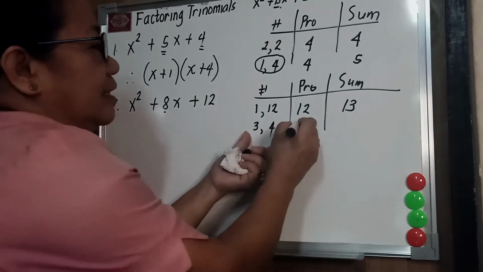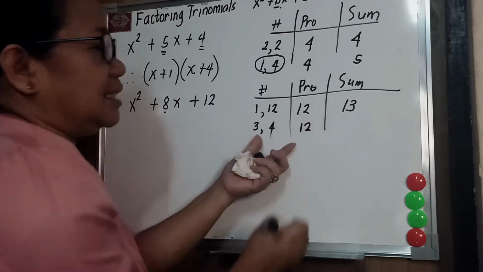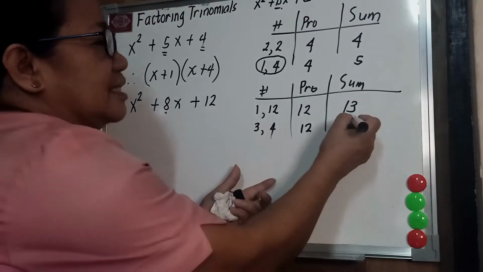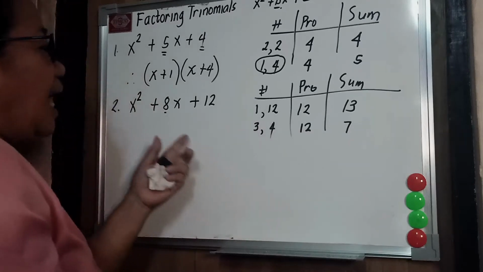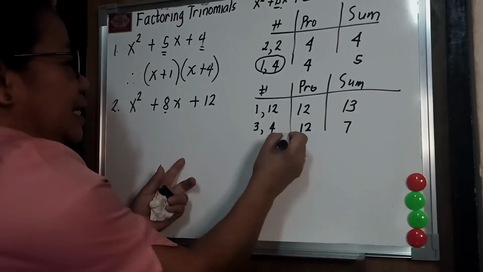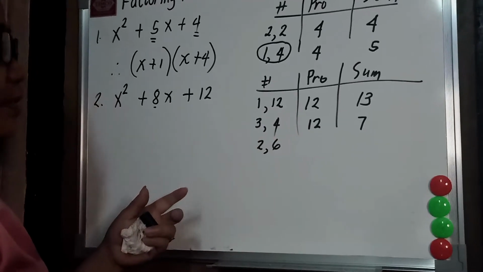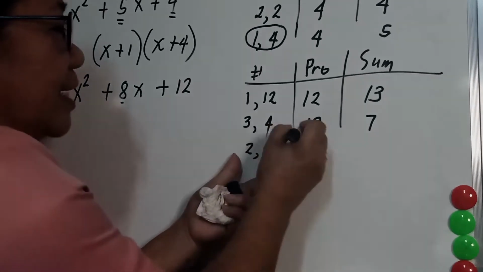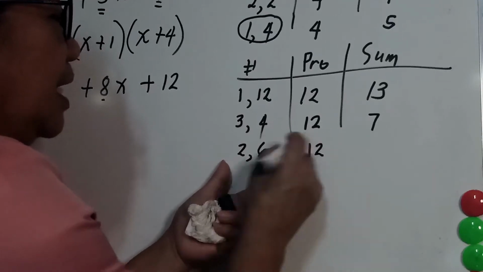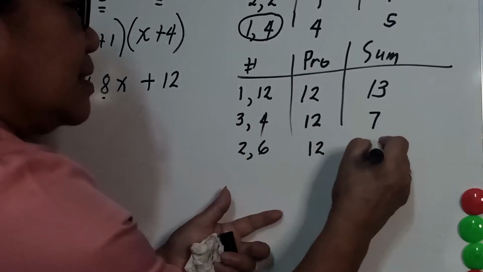The product is 12. The sum is 7. Another pair of numbers is 2 and 6. The product of this is 12 and the sum is 8.